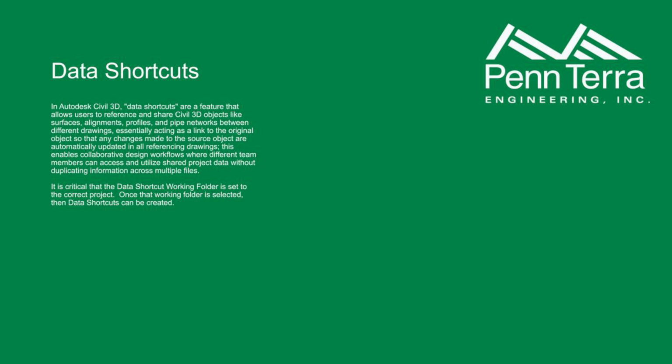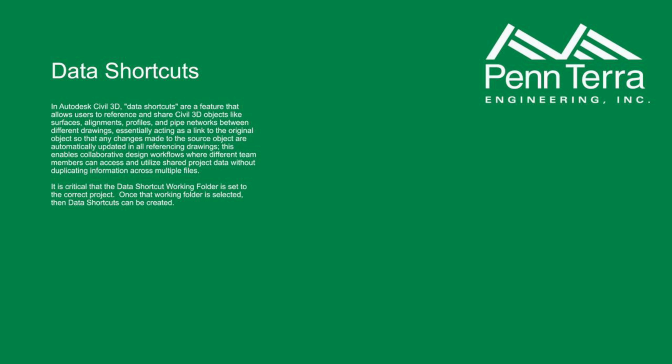XREF, it pretty much brings the line work over verbatim. You can do a little bit of manipulation with the line work, but not much. Data shortcuts, you can't change the data that is in the database, but you can change the way that they look also by changing styles, turning things on and off, only bringing over certain things.